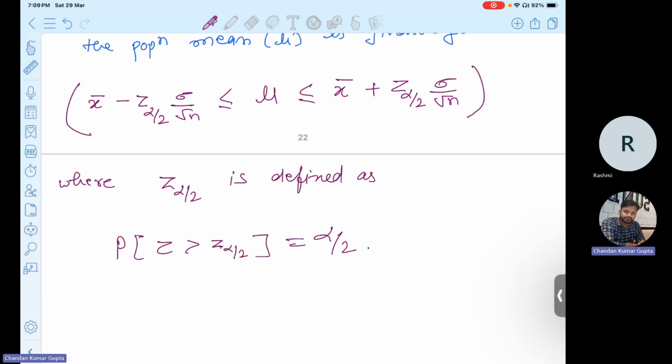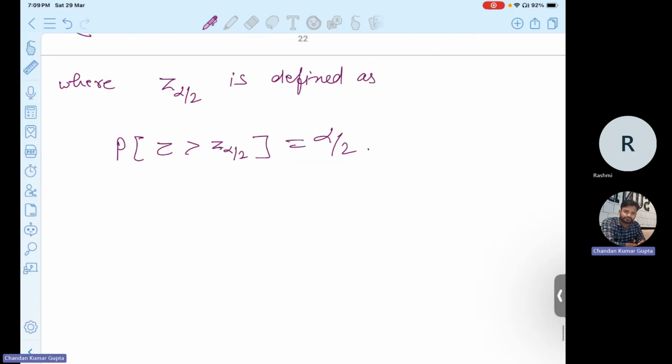Now in case the population variance is unknown, we use the estimate of the population variance, that is the sample variance, to construct the confidence interval for the population mean mu.